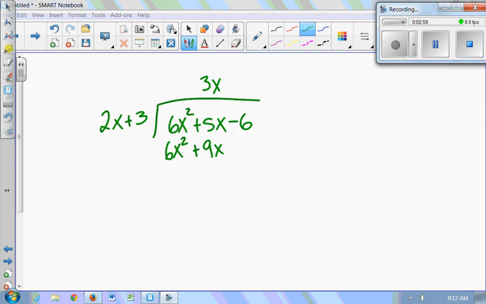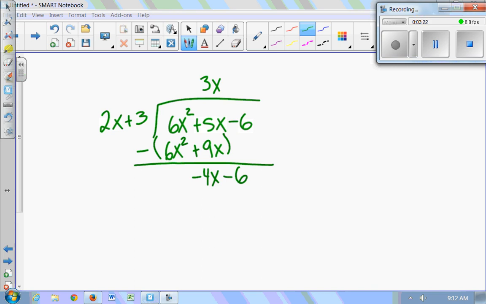And then I have to subtract, just like in regular division. So 6x squared minus 6x squared is 0. What's 5x minus 9x? Negative 4x. And then bring down the minus 6.